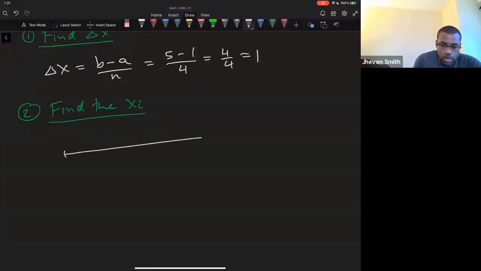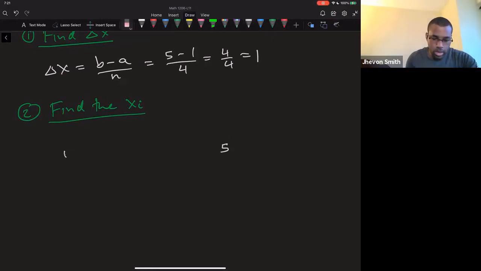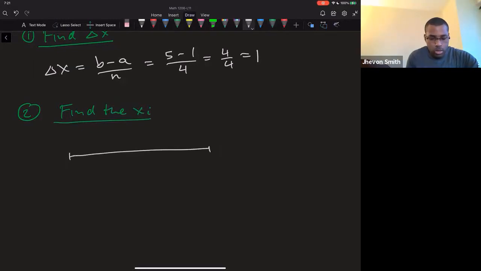So I would create that interval 1 to 5. I'm going to cut it into 4 equal sections.